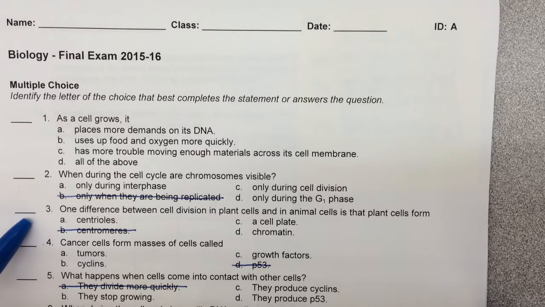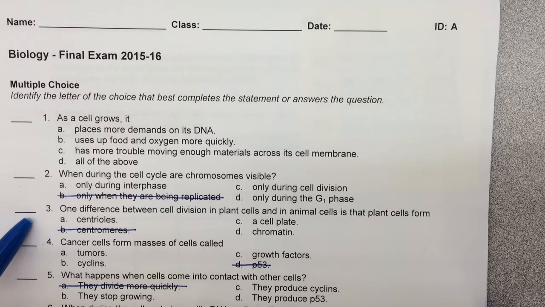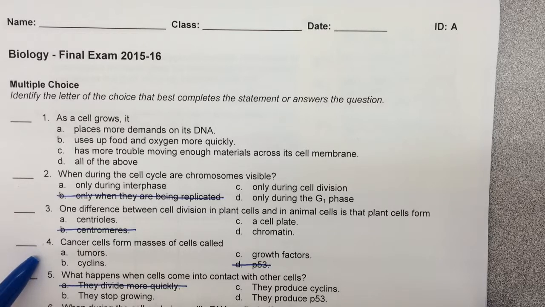Number 3, one difference between cell division in plant cells and in animal cells is that plant cells form A, centrioles, C, a cell plate, or D, chromatin. Number 4, cancer cells form masses of cells called A, tumors, B, cyclins, or C, growth factors.